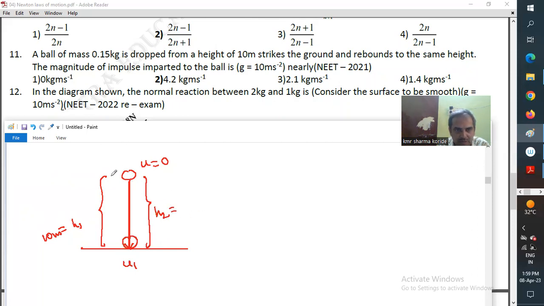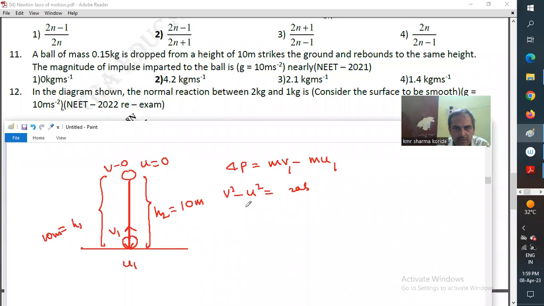Once it reaches h2, the final velocity becomes 0. Assume that the upward motion starts with initial velocity v1. So h2 is also equal to 10 meters. Impulse is numerically equal to the change in momentum. You treat this as v1 after hitting, and before hitting u1. Make use of v square minus u square equal to 2as.